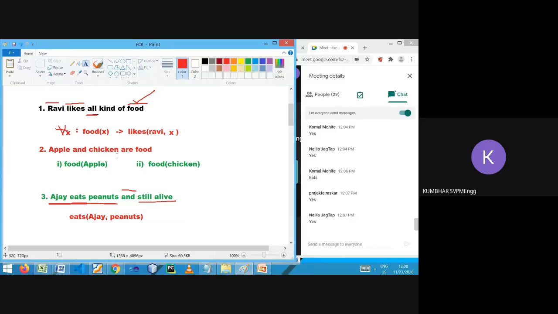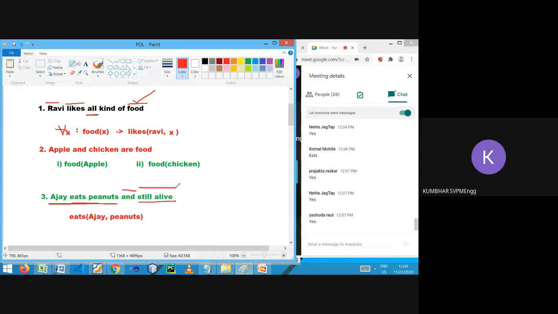Okay, great. Now we have to find out the representation for still alive. So what do you think? This statement is representing what is alive?